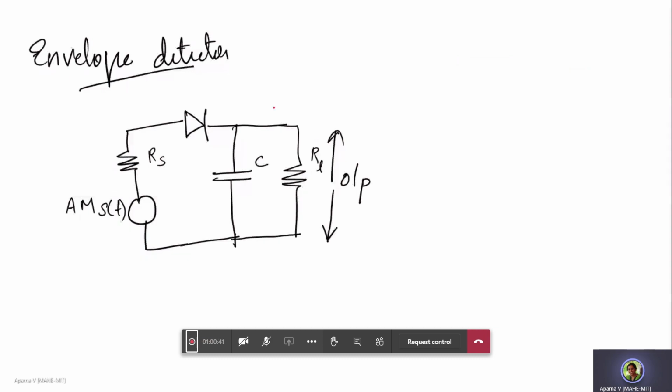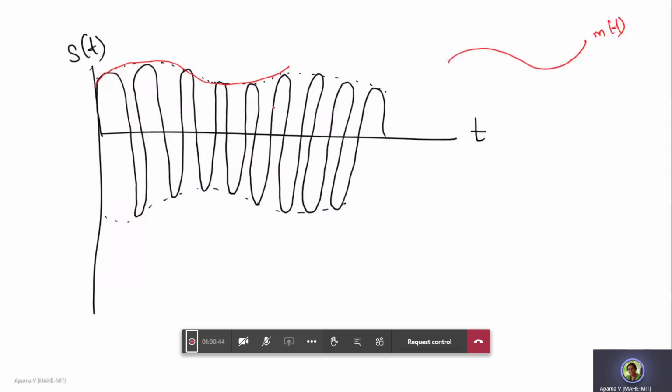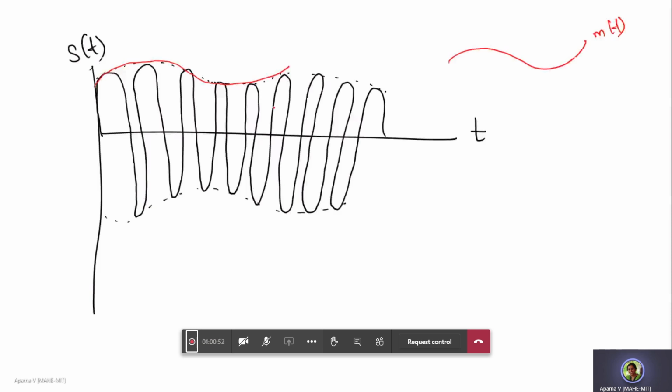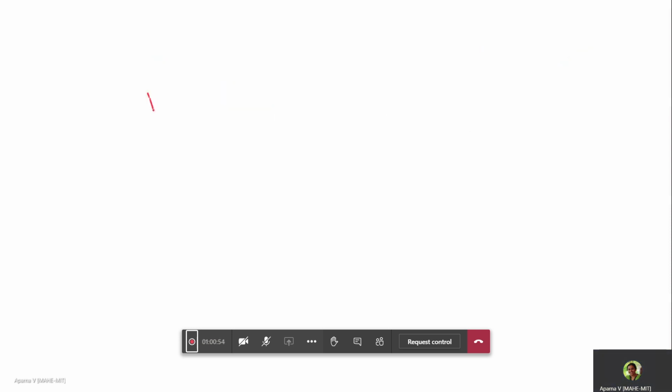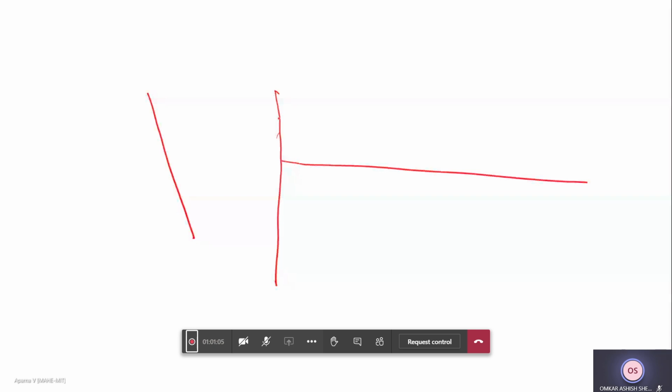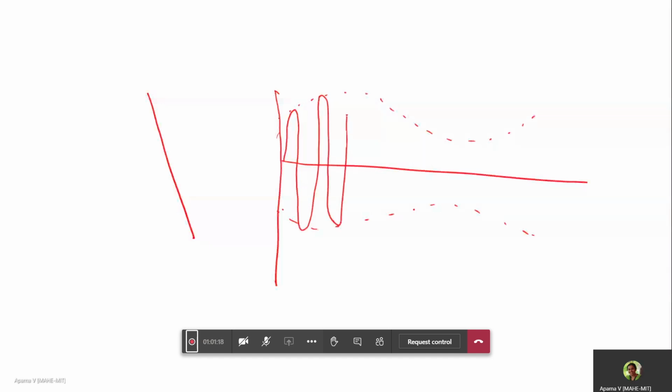This envelope detector recovers the message signal back. How does that work?